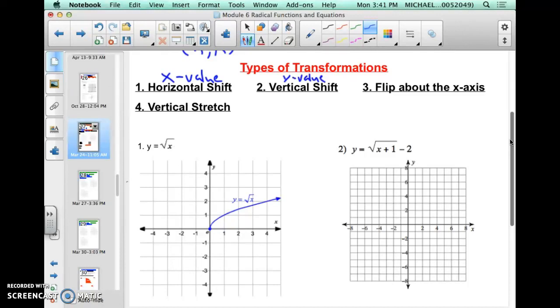A flip about the x-axis is when there is a negative out in front of the function, meaning the function is negative itself. And a vertical stretch is when the a-term multiplier doesn't equal 1. Anything but 1 would stretch it. I guess if it's a whole number, it would vertically stretch it. If it's a fraction or a decimal, it would horizontally stretch it.